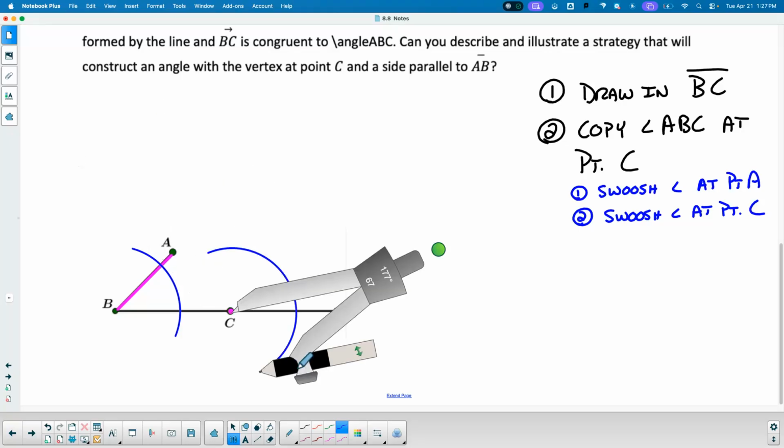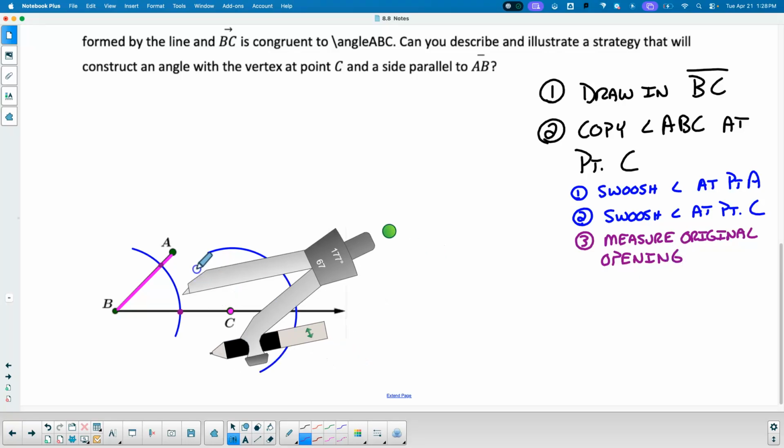Then what? Measure the arc opening. So I'm going to put it between my two purple dots. So I'm going to measure my original opening.